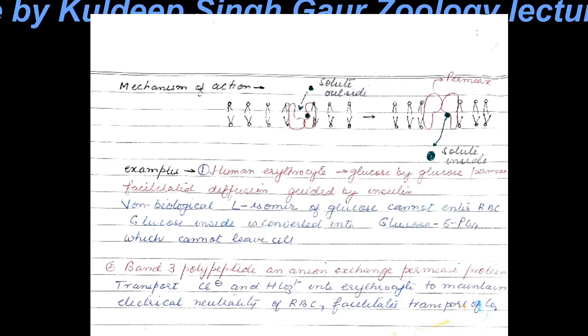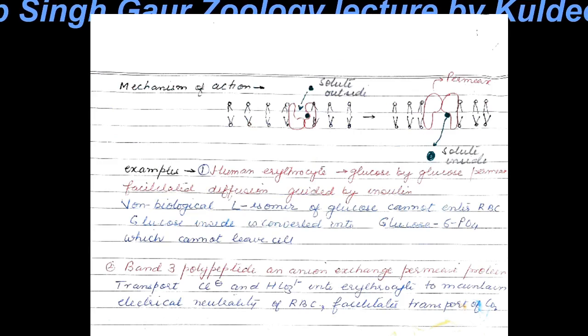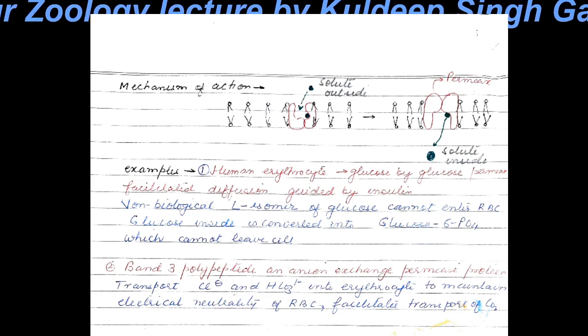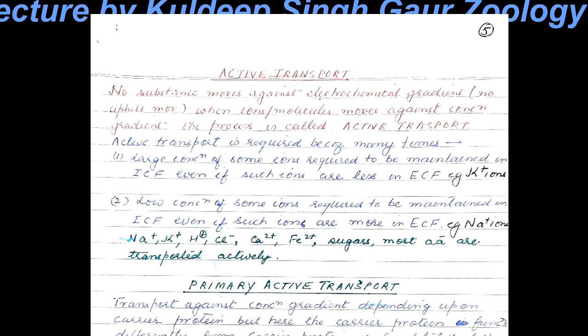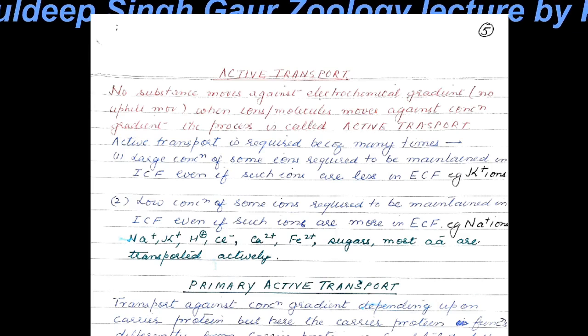Then furthering, we had studied the mechanism of diffusion and how the solute and permease complex forms and changes the conformation of permease. Then we had studied active transport, primary active transport and secondary active transport.